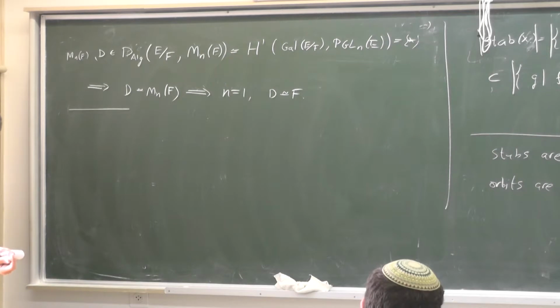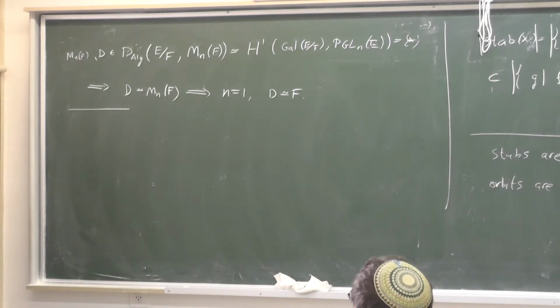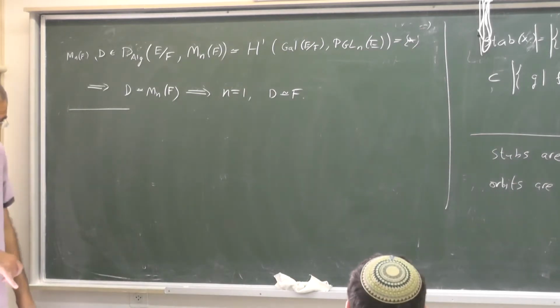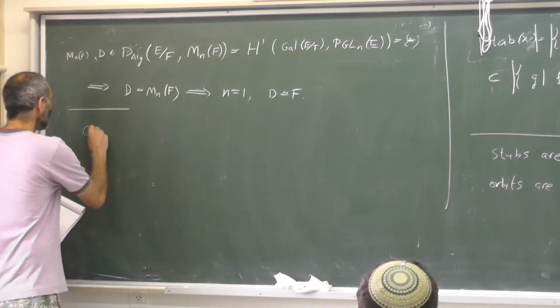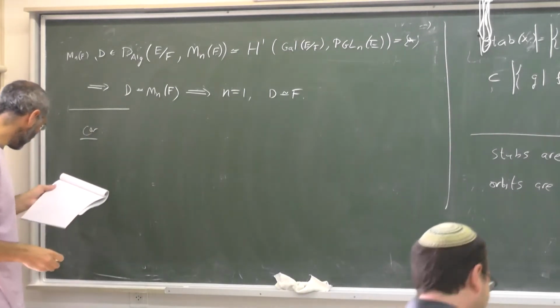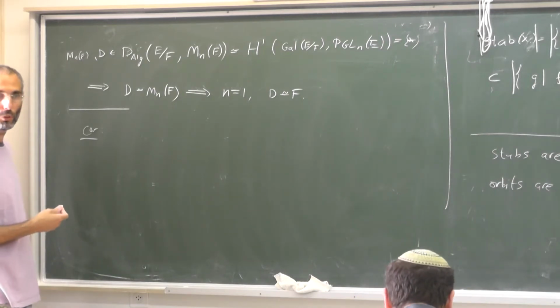But now I do want to make, I mean, what is the time? 20 minutes. So for this class, one hour. I do want to present one more corollary, which is important for algebraic groups.